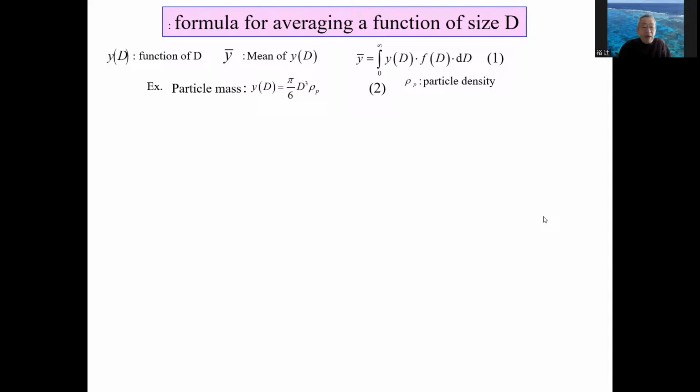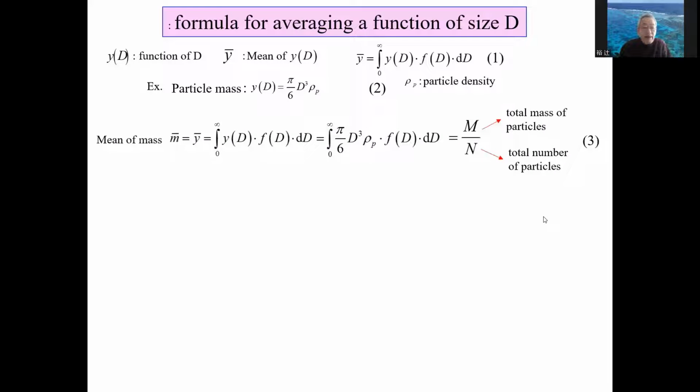As an example, consider the particle mass. Mass is the function of d as shown in equation 2. Substituting equation 2 into equation 1 gives the mean of yd, that is the mean mass as shown in equation 3.